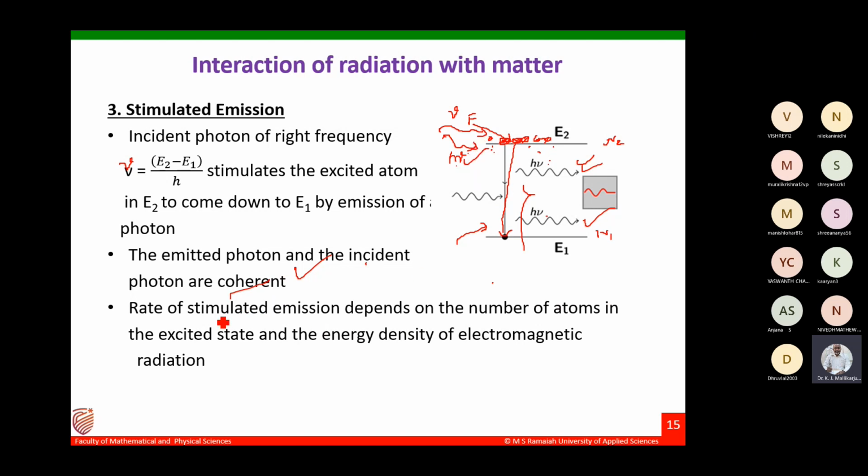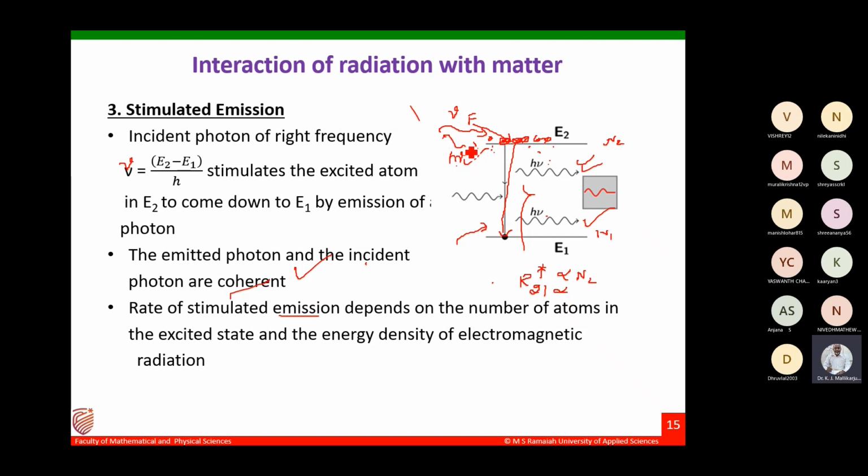Now let us try the rate of stimulated emission, that is R. What is the symbol I have to write? R 2 to 1, and it is happening in the presence of external radiation. That's why star is there. What does it depend on? Yes, it does depend on N2. Yes, it does depend on energy density.